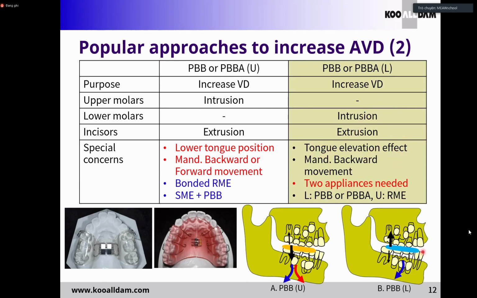And also, with the increase in vertical dimension in this area, we can achieve mandibular backward movement. However, in order to treat class 3 malocclusion, we need two appliances. So when you use PBB in the lower arch, we may use RME in the upper arch.